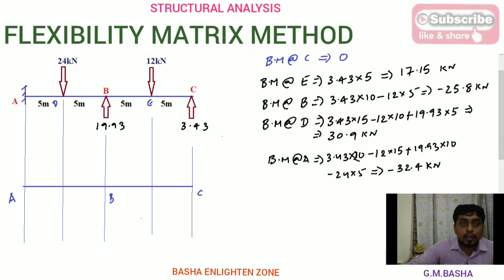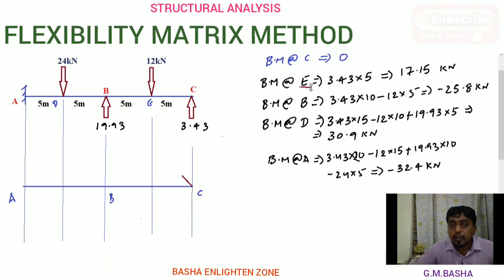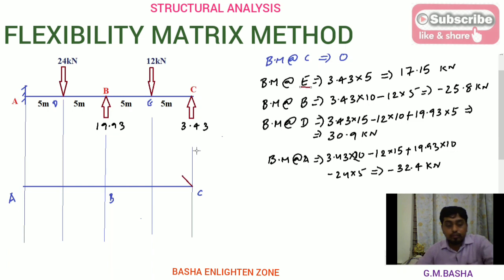So the bending moment at the particular joint C will be 0. Okay, here it will be 0 only. And what about the bending moment at B? First the next point E. Bending moment at point E will be 17.15 kilonewton.